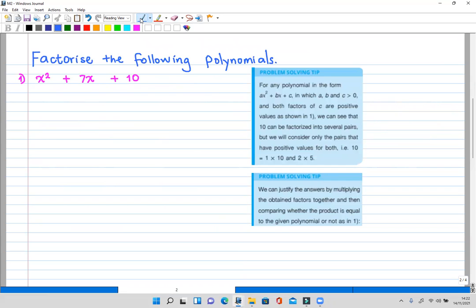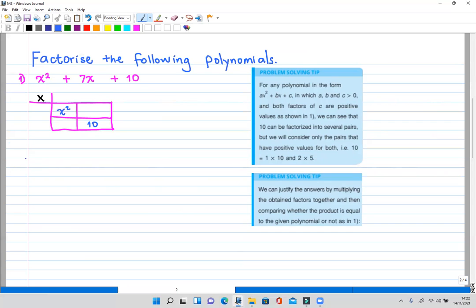So let us factorize the following polynomials using multiplication tables. We have x squared plus 7x plus 10. Now we are going to create the multiplication table. We write here times. We write here x squared, and then we write here 10.